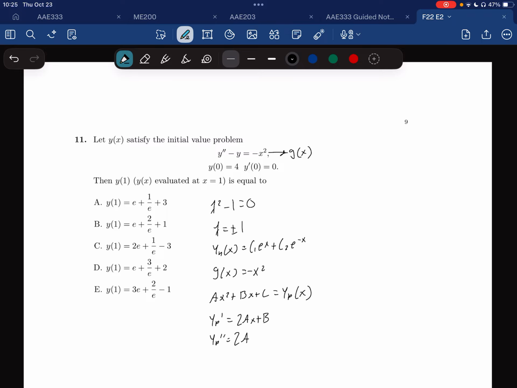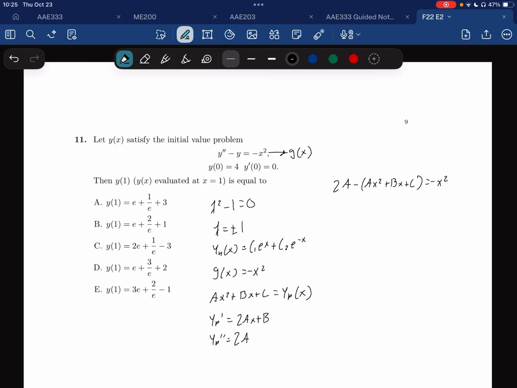Now let's substitute this back into our equation. So y double prime is 2a minus ax squared plus bx plus c is equal to minus x squared, right?